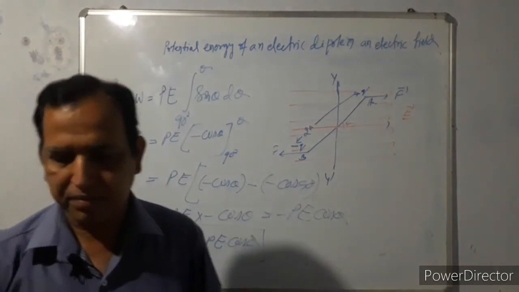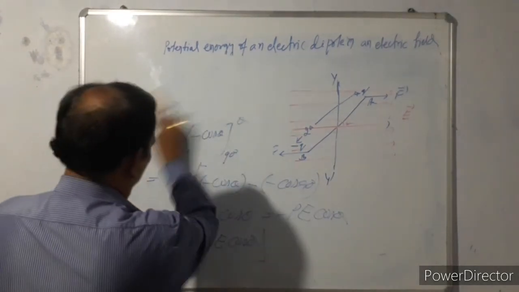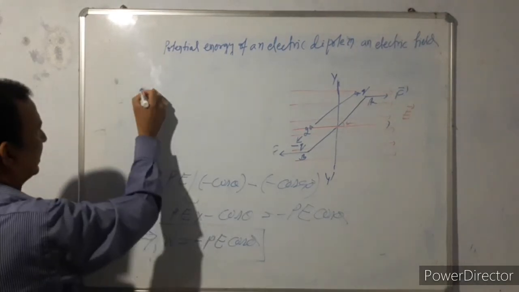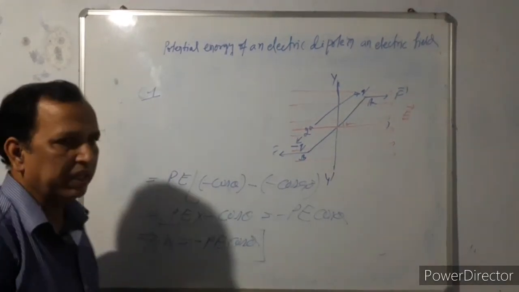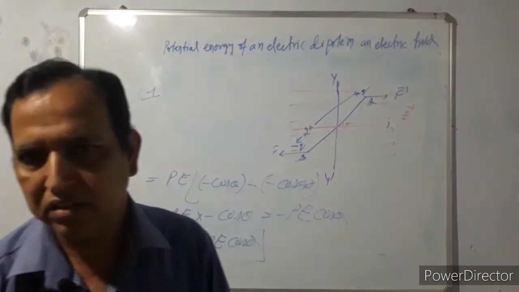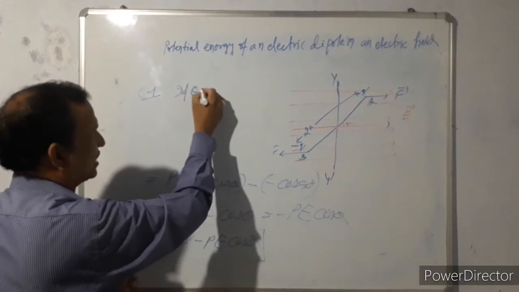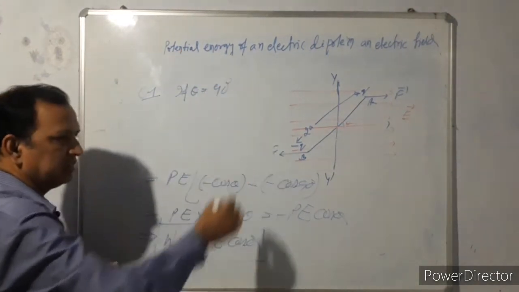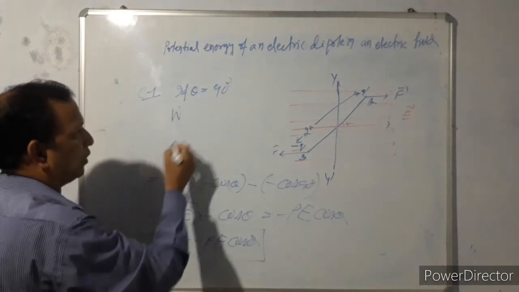Then some special cases. Case 1, if theta is equal to 90 degree, then what is the W?